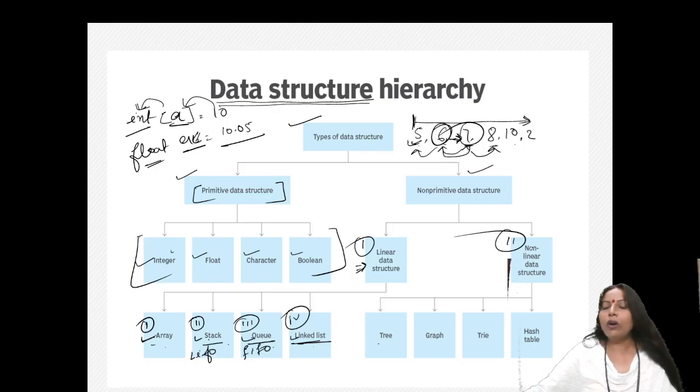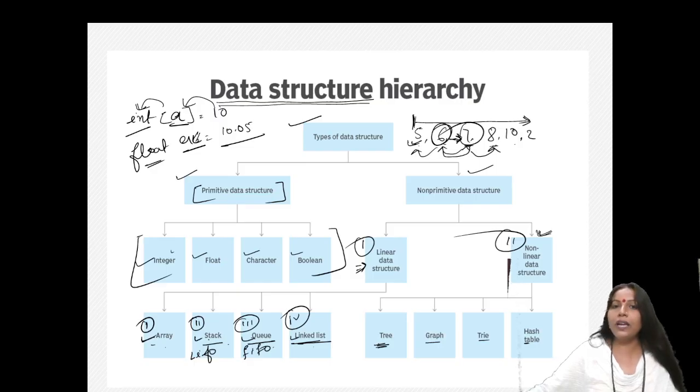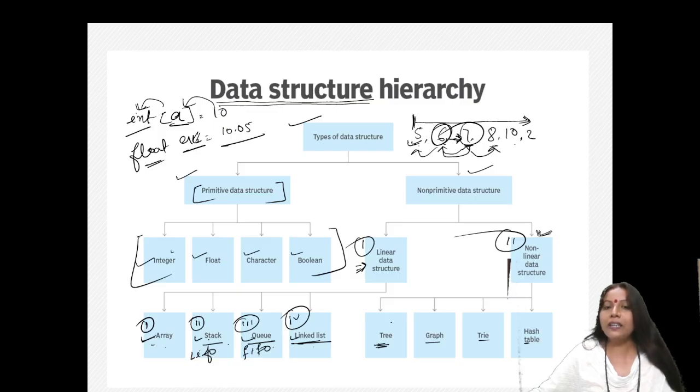Now the second, non-linear data structure. Non-linear data structure is what? This is unlike linear data structure. It will not represent our data in sequential form. ये हमारे data को sequentially form में represent नहीं करेगा. This will represent our data in hierarchy form. ये हमारे data को hierarchy form में represent करेगा.